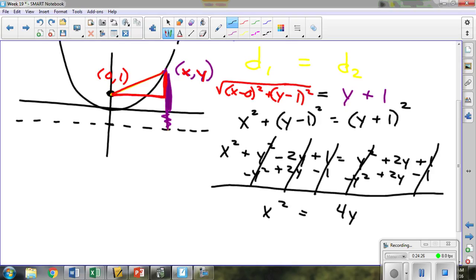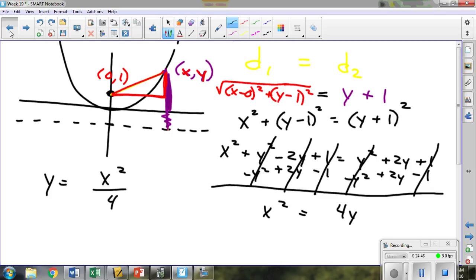Thus, y is simply x squared over 4. And we have created the parabola, giving us an equation which we could plug into our calculator and know that this is actually equidistant between the two.